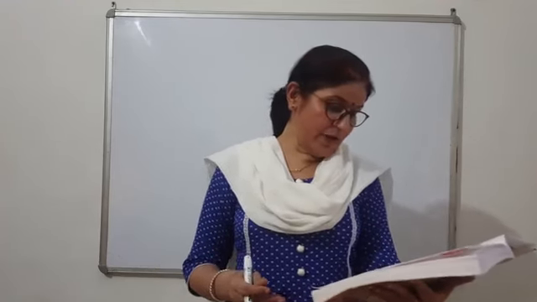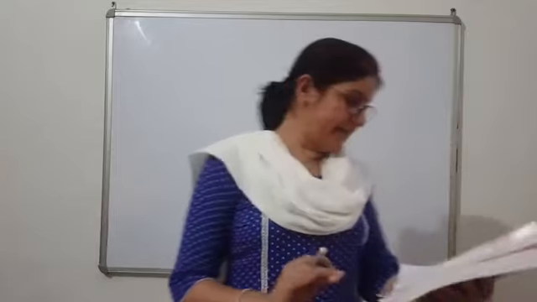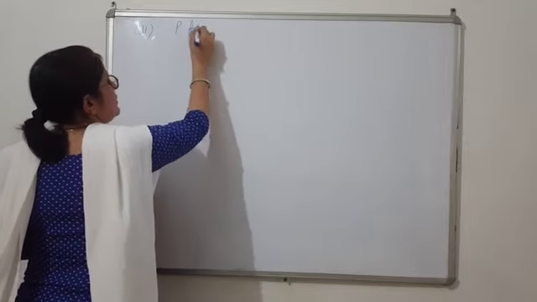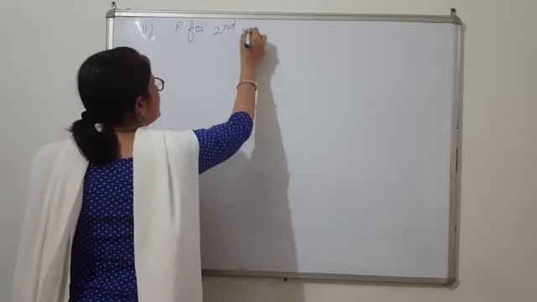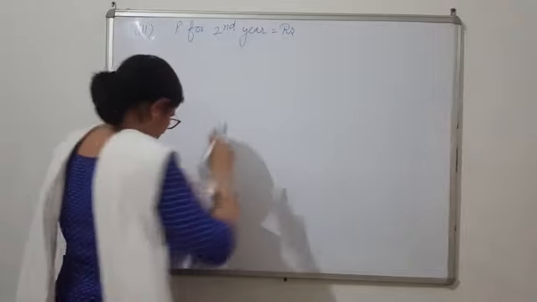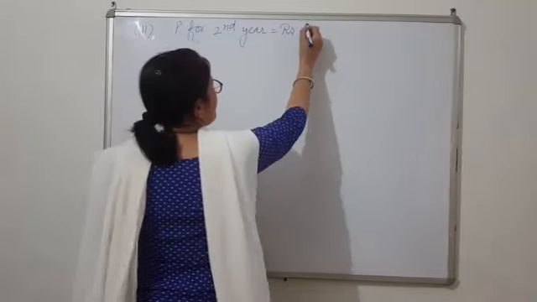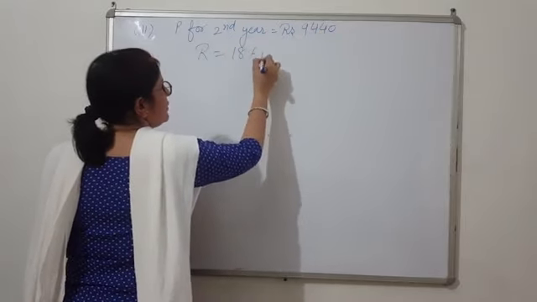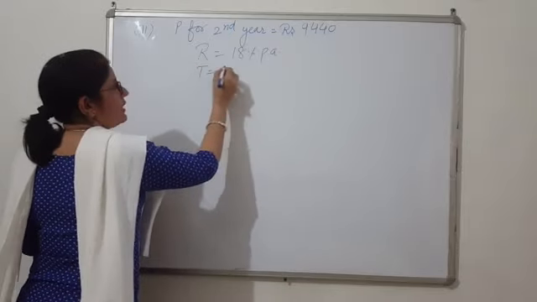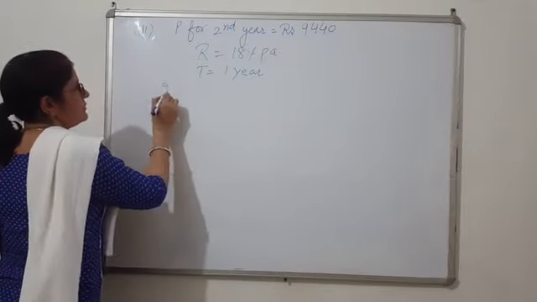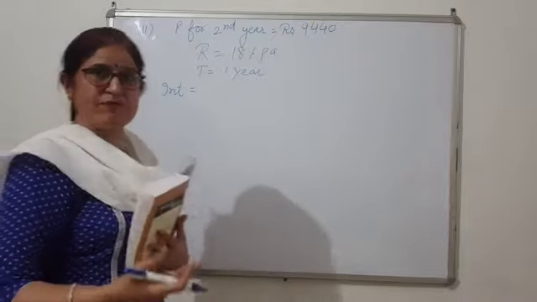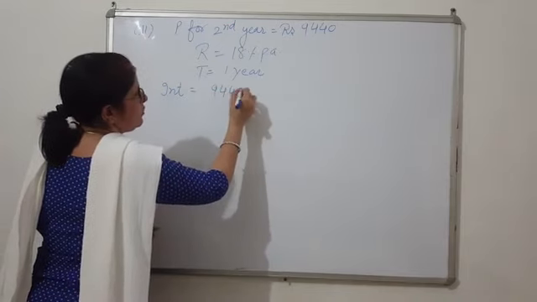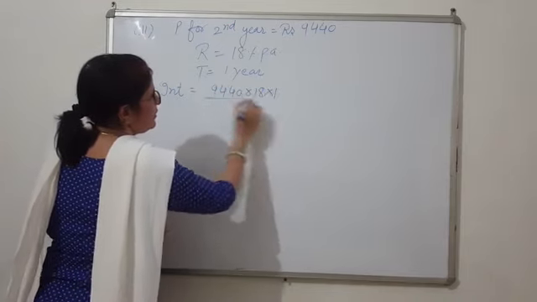So second part, you have to find amount at the end of second year. So whatever amount was given at the end of first year, it becomes principal for second year, which is rupees 9,440. So rate we have found 18% per annum, time 1 year. So interest for second year will go with the same formula of simple interest, principal into rate into time upon 100.